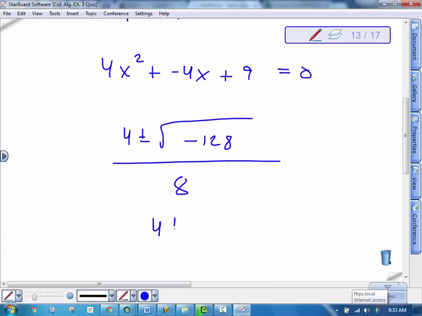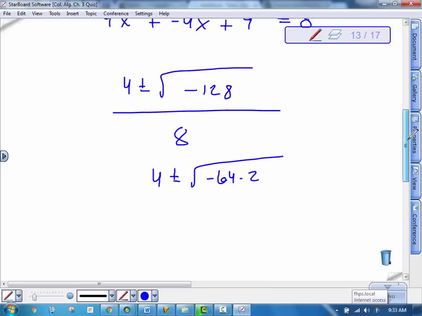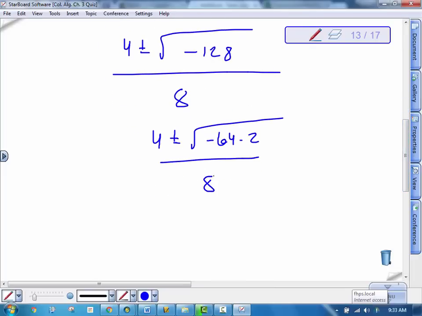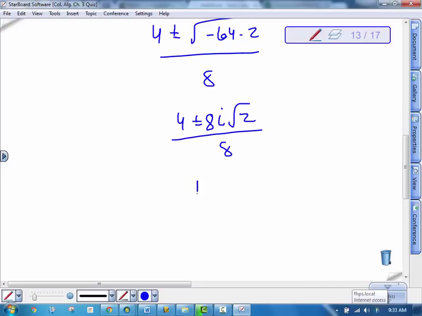So I can break this up into 4 plus or minus the square root of 64 times 2, because I'm going to pull out the biggest perfect square I can to simplify this. We can evaluate the square root of negative 1, that's just i. We can evaluate the square root of 64, that's just 8. So it turns into this, which we can make 1 if we divide 8 into both, we have 1/2 plus or minus i square root of 2. And so those are our two answers.